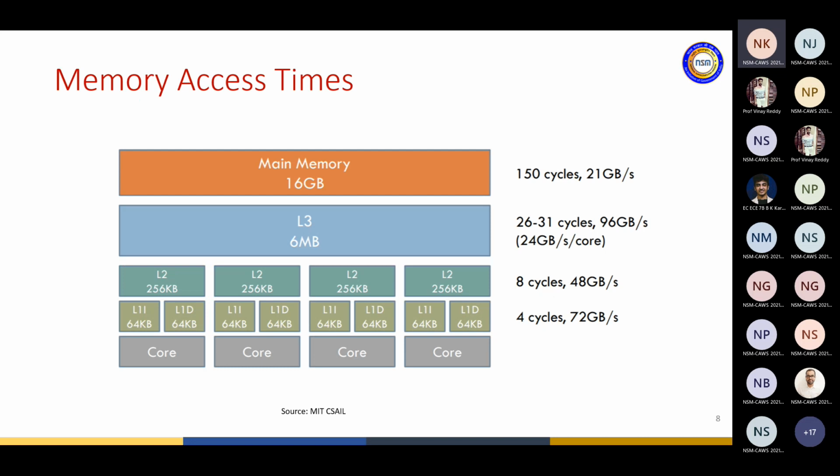Now, when we talk of memory, which is where all our data is, you may have seen this kind of diagram, and you are already aware that it takes less time to access cache and 100x more to access the main memory. But the picture is even more complex today.